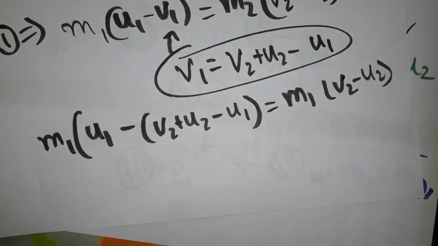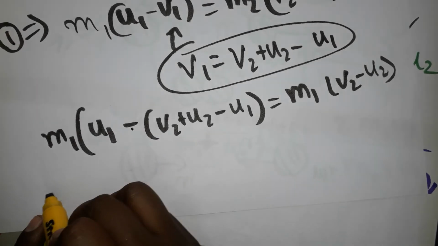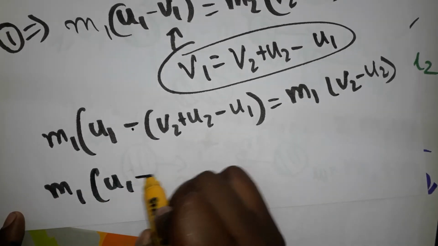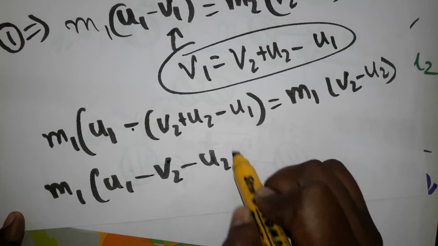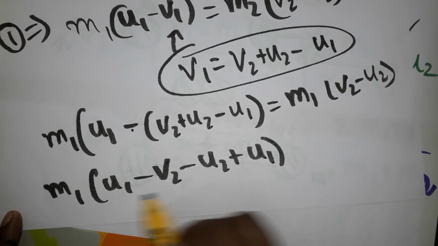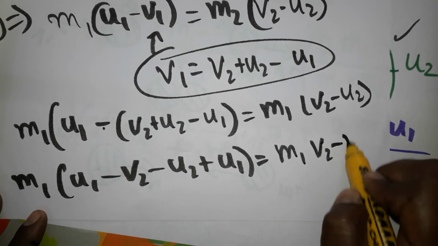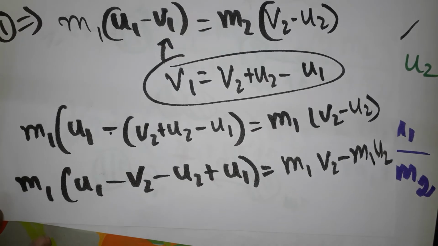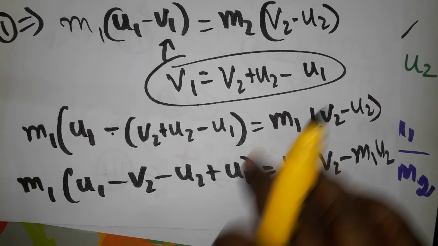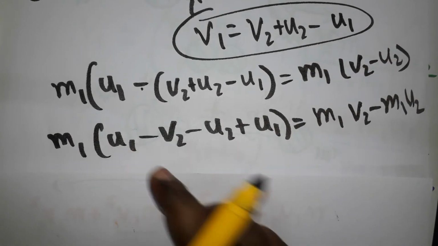Taking m1 inside, the minus sign first goes inside: m1 u1 minus v2 minus u2 plus u1, so we get 2 times u1. On the right, m2 v2 minus m2 u2.